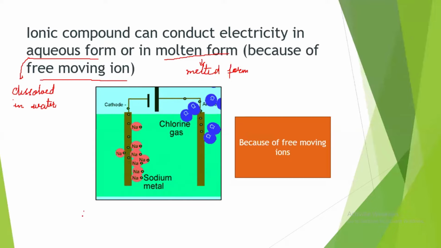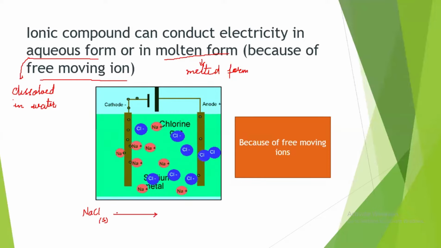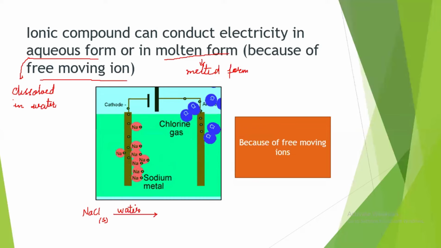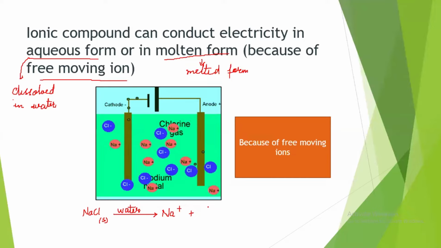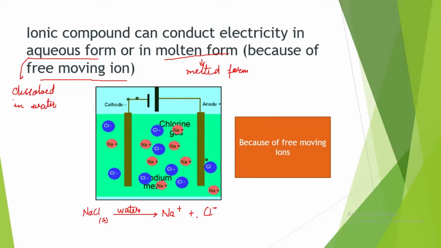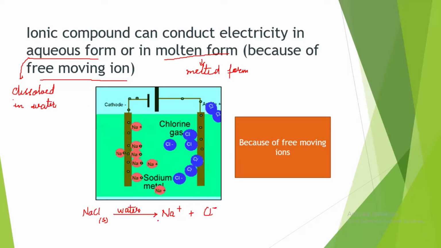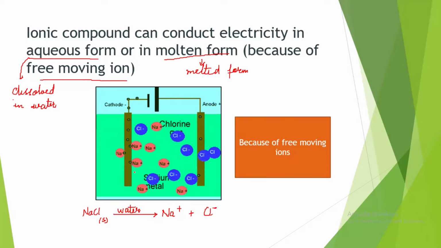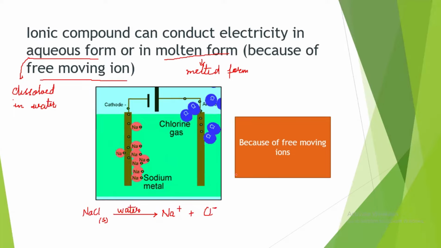Like this is NaCl in solid state, and when we put it in water, it is converted into ions like this. This is aqueous form, and they split up into cations and anions. So that is why they are able to conduct electricity. You can see here that sodium and chlorine can move freely. Because of free moving ions, they are able to conduct electricity.